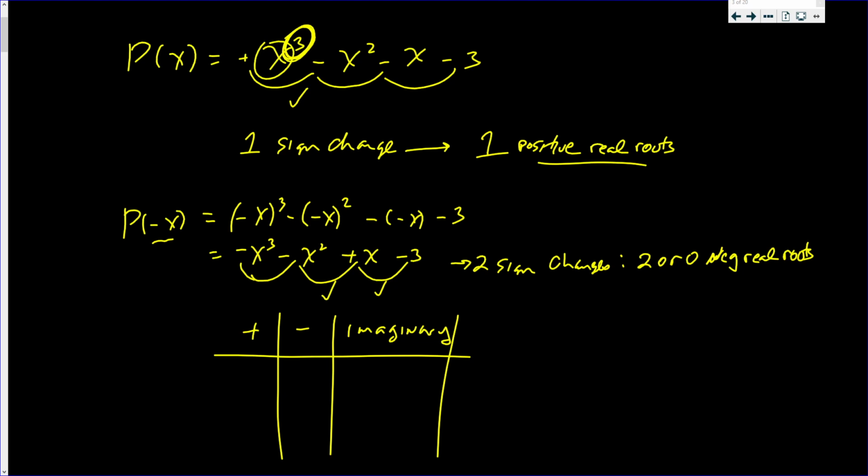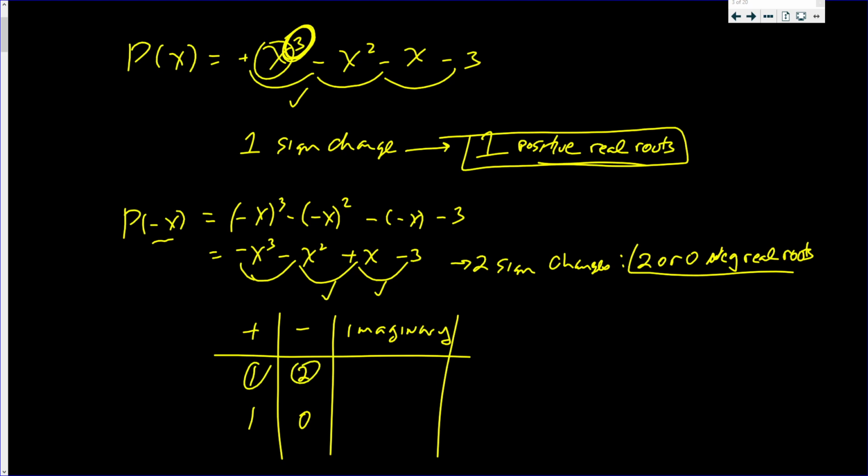Some may be imaginary, but the total number will be 3. We know that we can only have 1 positive real root. When it comes to negative, we can have 2 or 0. Since 1 plus 2 is 3, there can't be any imaginary roots, because there need to be 3 in total. 1 plus 0 is 1, so there is one real root.